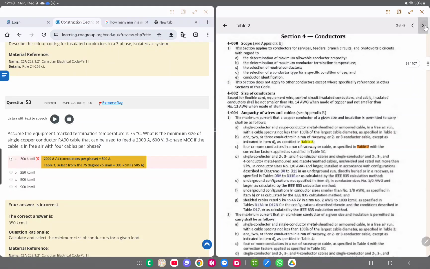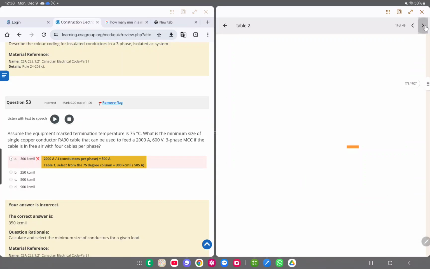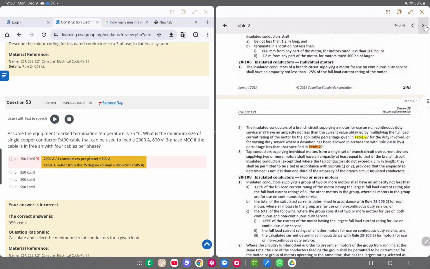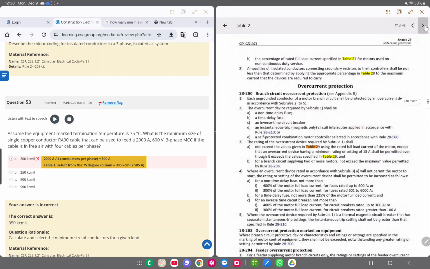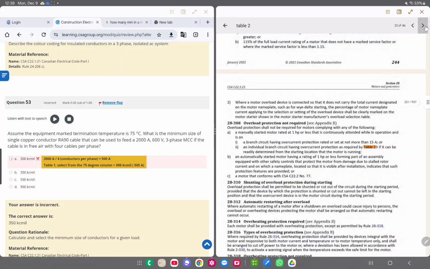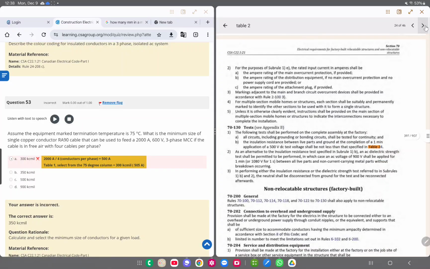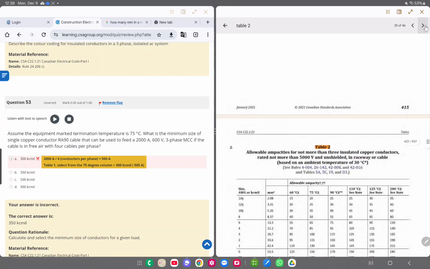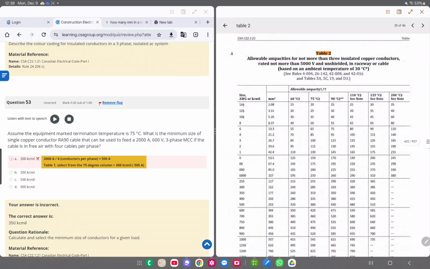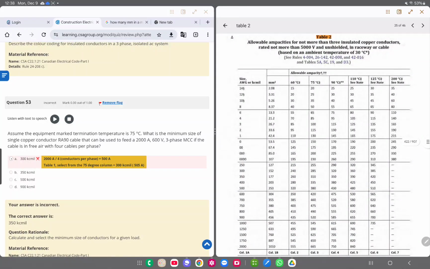I don't know why they always give me a hard time going to table 2. They should make you able to bookmark things. Come to think of it, I think I actually have a picture of this in my gallery. That's what I should do.